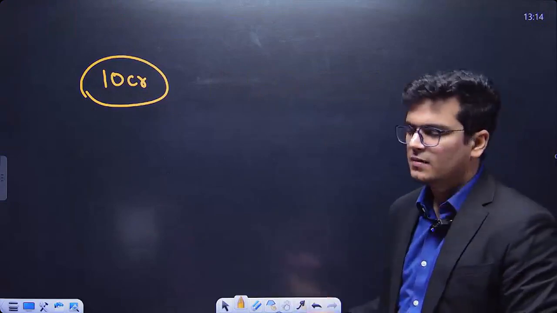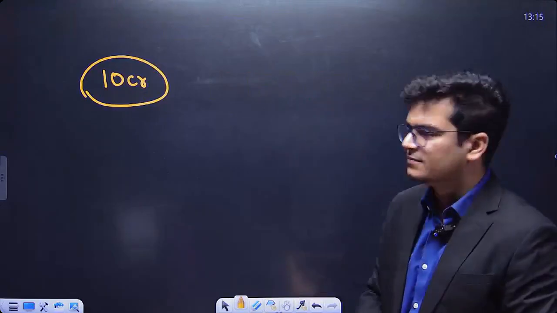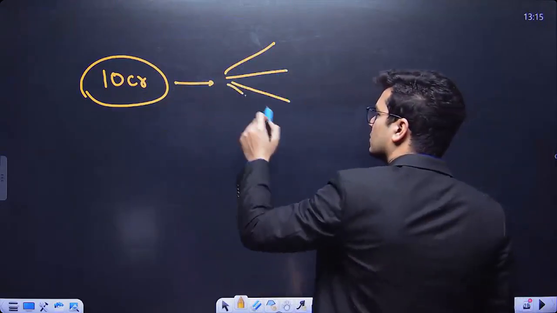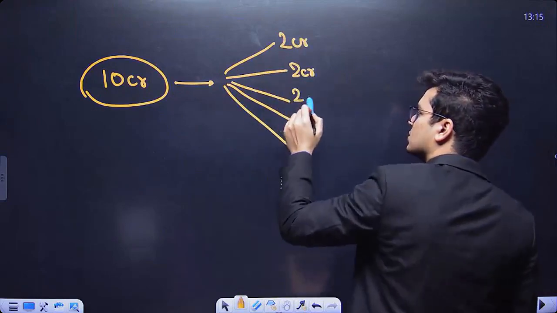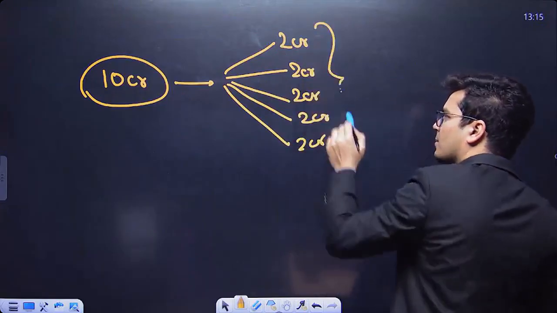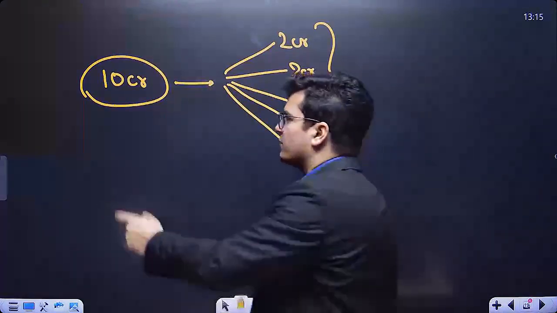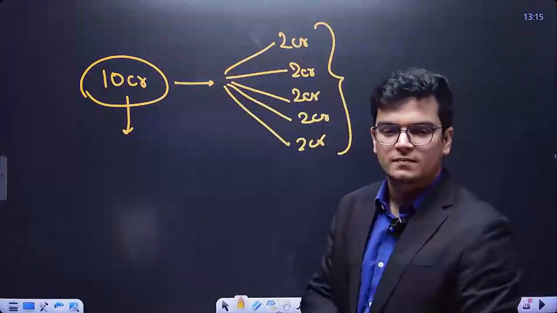I want that I should only pay 15%, otherwise my liability is getting higher. I will split my company into 5 small companies. And now all of them are doing 2 crore business each. And अब मैं 15% दे दूंगा. So my actual liability becomes 15% of 10 crores, which is lesser than my actual liability.